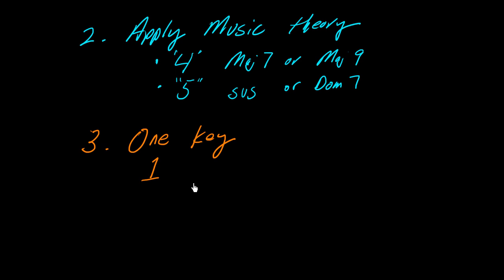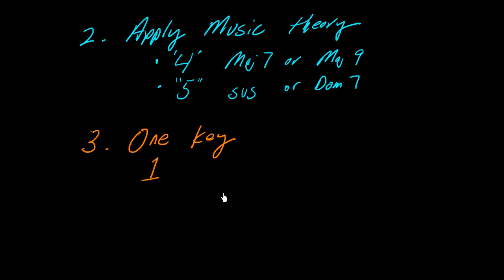I know so many guitar players that can play songs in the key of G, but in E, they can't play any songs. Well, if they knew how to play in a number system, they can use a capo in different places and play in any key because you're only thinking of the key of 1. The bass is the same.